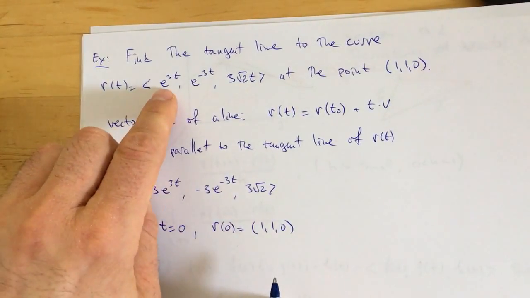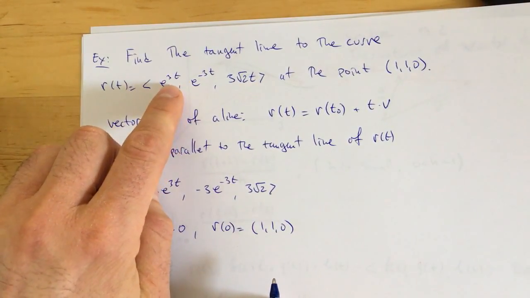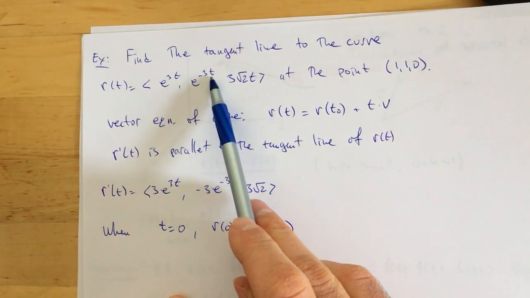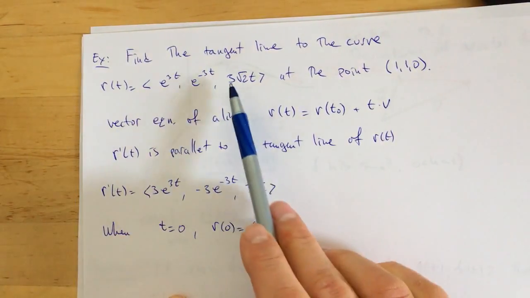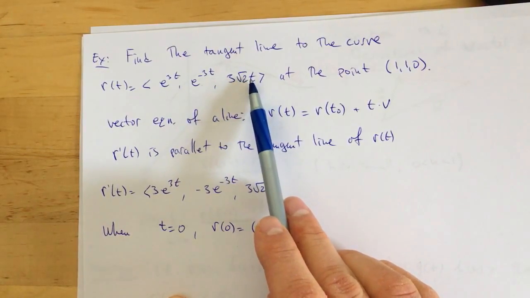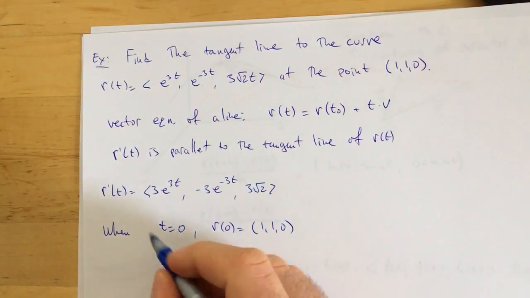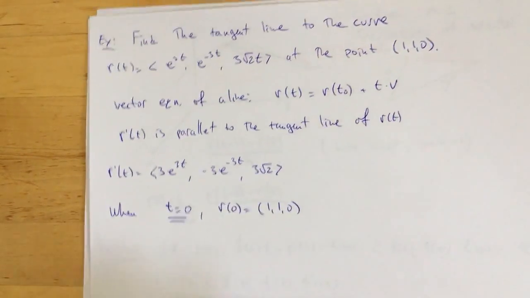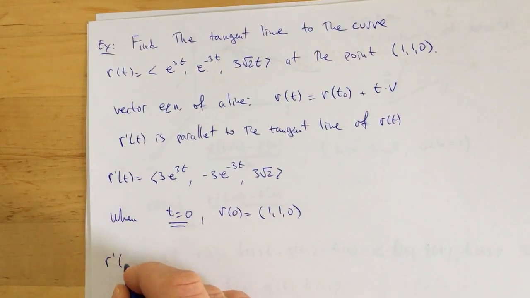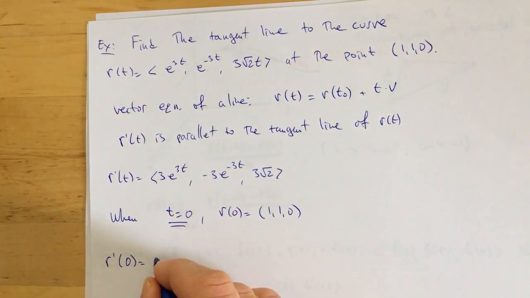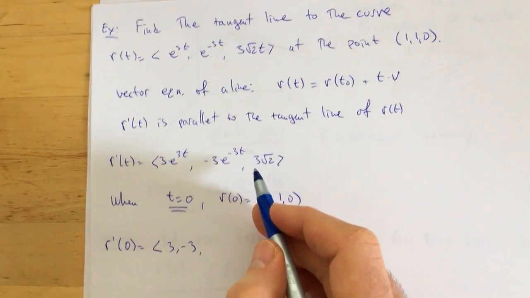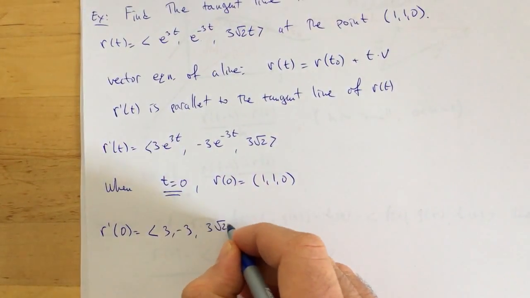Why? Because e^0 is 1, e^(-3·0) is 1, and 3 times square root of 2 times 0 is 0. So this is the parameter that we want. We evaluate r prime at 0. That gives us (3, negative 3, 3 square root of 2). The last component is a constant, so for any t it stays the same.